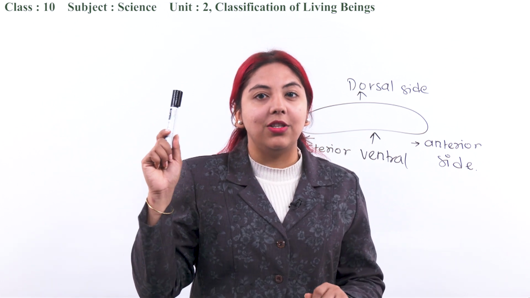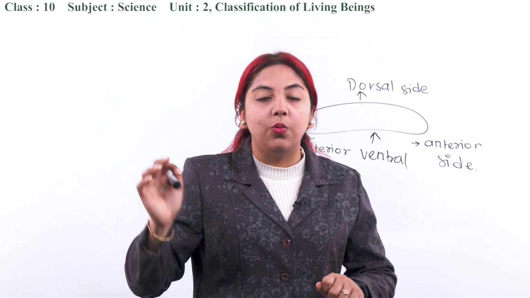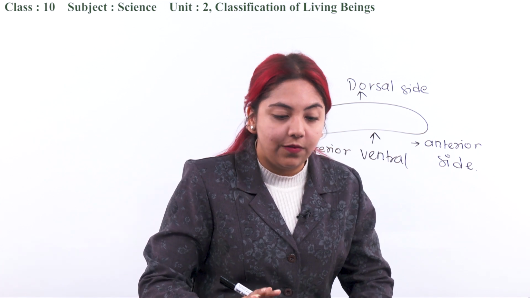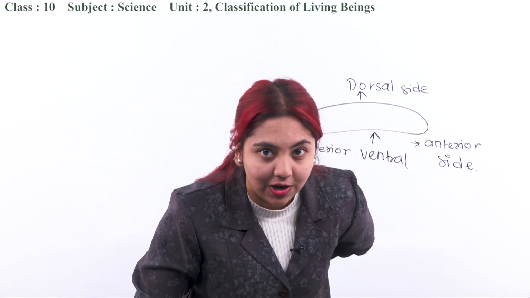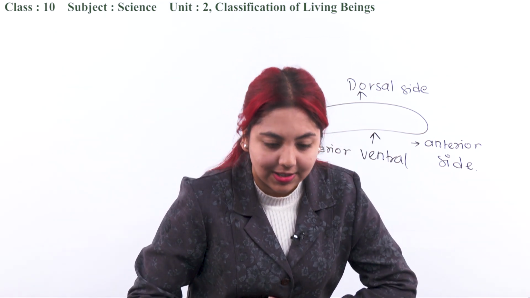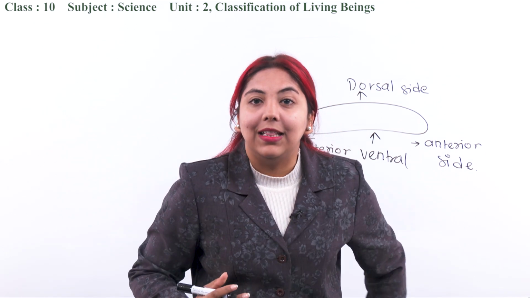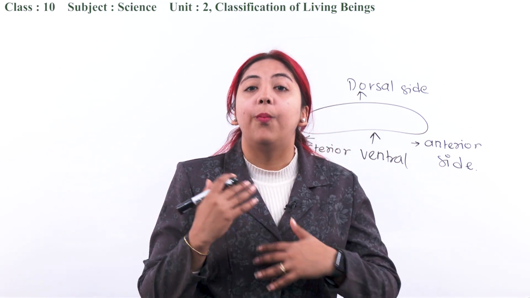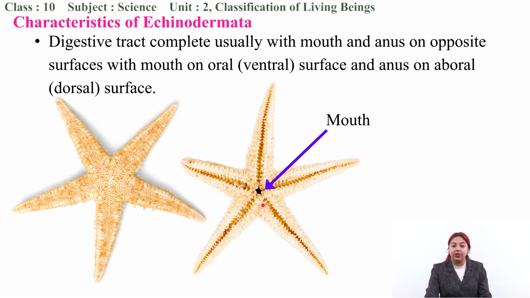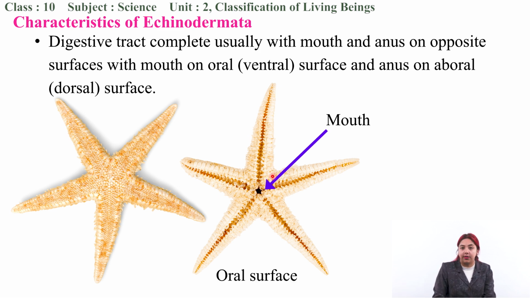Just imagine our ancestors. We used to walk on four legs. So, when we walked on four legs, this would be our dorsal side and this would be our ventral side. The head region is our anterior side, and the tail region, the back side, is our posterior side. The ventral surface that has the mouth in this organism is also known as the oral surface.